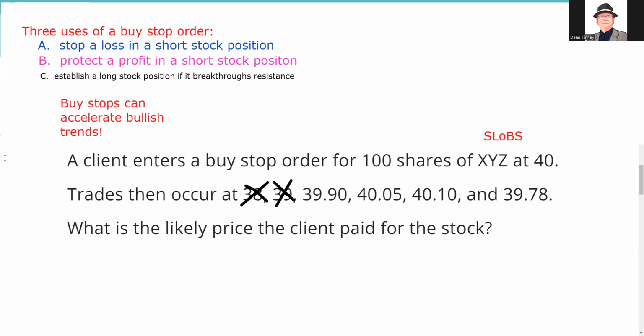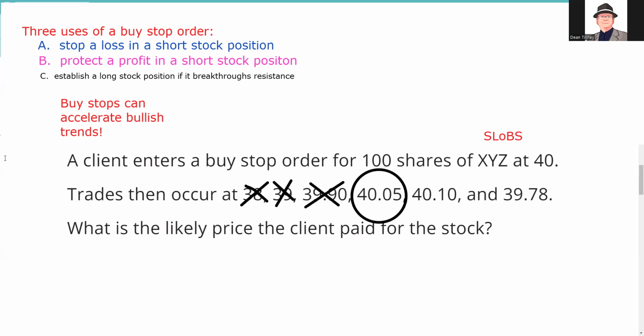Remember, if this, then that. If the stock trades at or through 40, it hasn't yet. 39.90, nothing happens. 40.05, ding, ding, ding. There's no way to go from 39.90 to 40.05 without trading through 40. It is now a live market order, two separate events. I want immediate execution at the best available price.